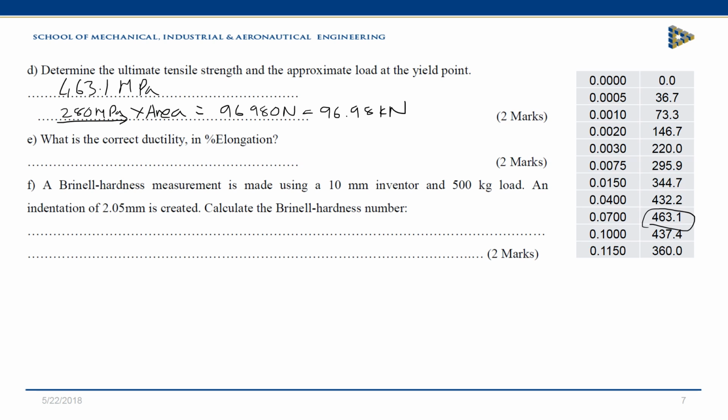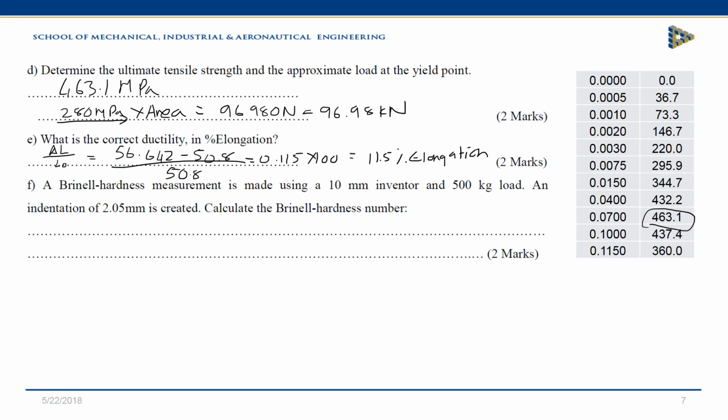Apologies. So the ductility will be the delta L at final length divided by the original length. Now we know that the question gave us a final length of 56.642. We need to subtract 50.8 and divide by 50.8, and that gives us an answer of 0.115, but it said percent elongation, so 0.115 times 100, which is equal to 11.5% elongation.